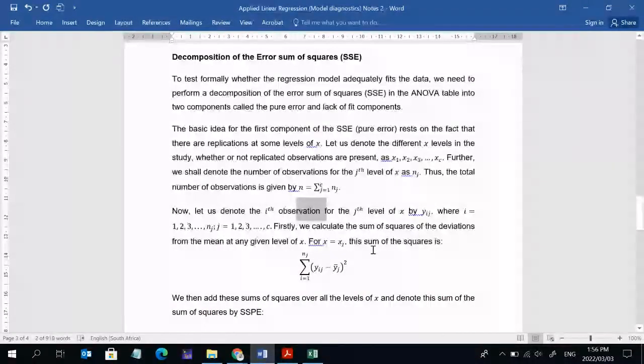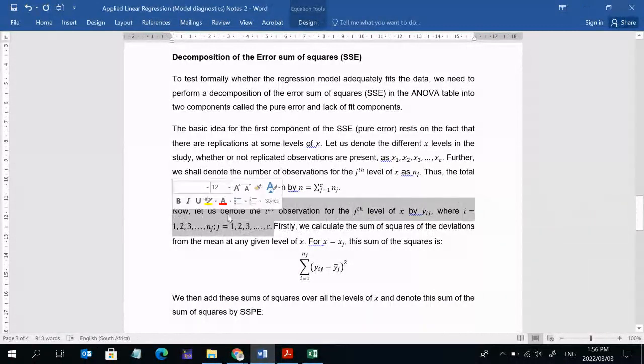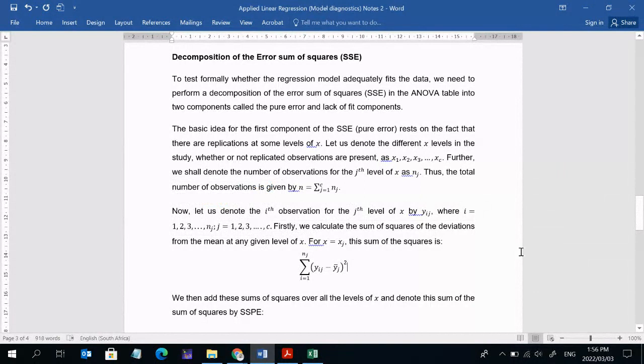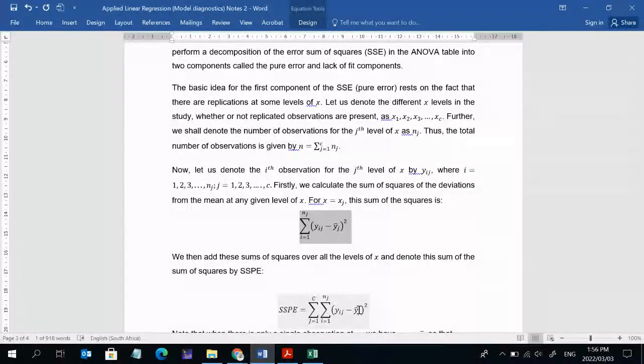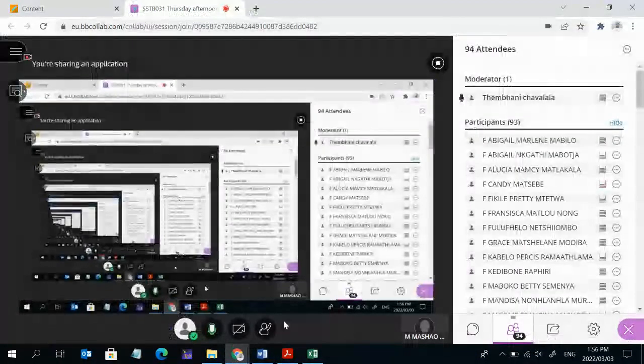So that's what we are saying by this. Finally, we have the formula now, which is the summation of the observations per level. So we're going to find the sum of the deviations per level.